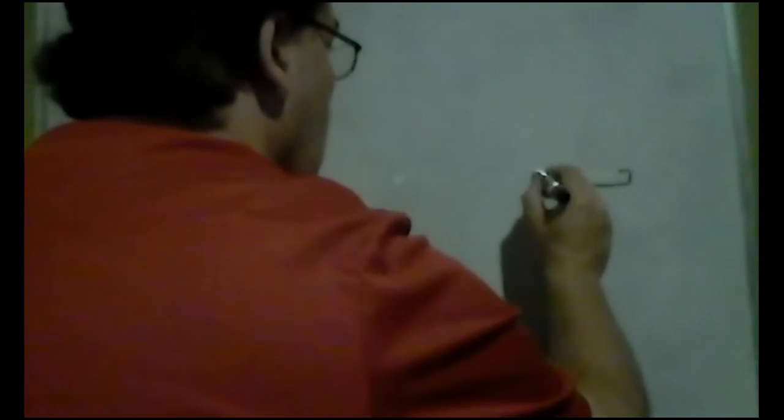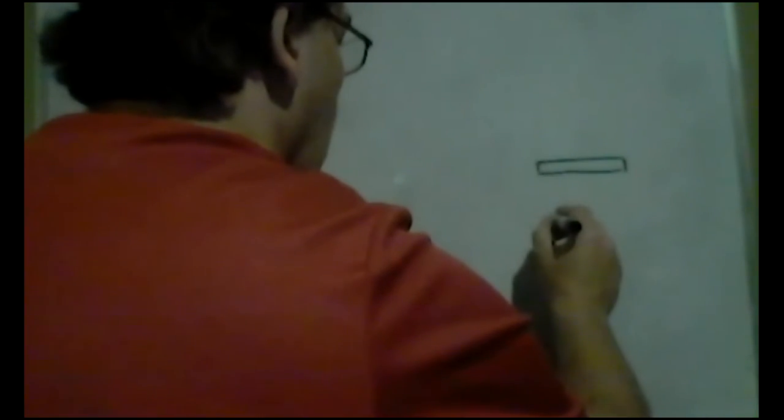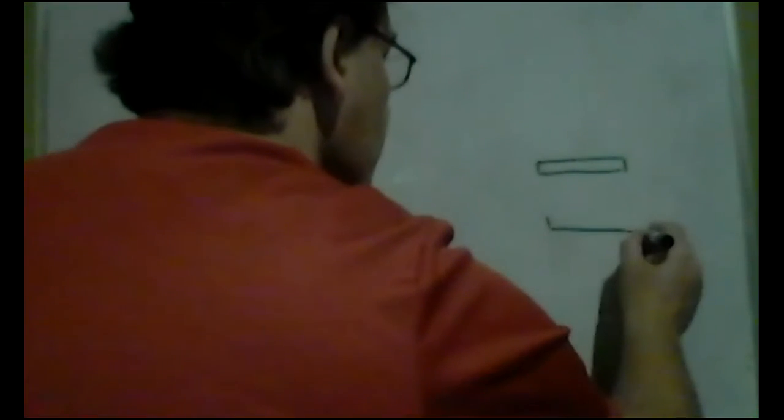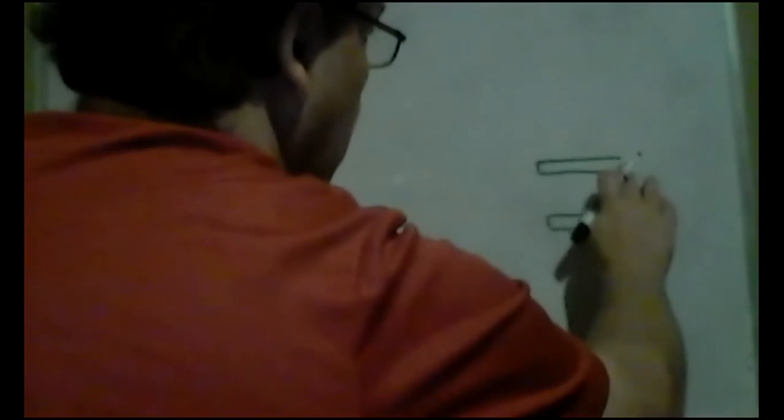Cannot draw it, eh? All right, I think it. There's one, and there's another plate right here. Okay, so the upper plate will have, I'm going to make it the same size.